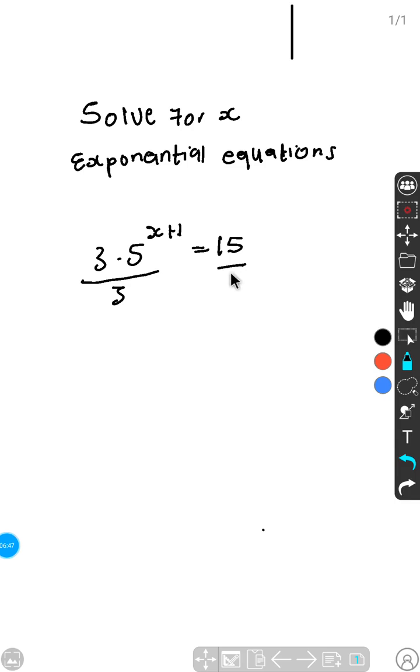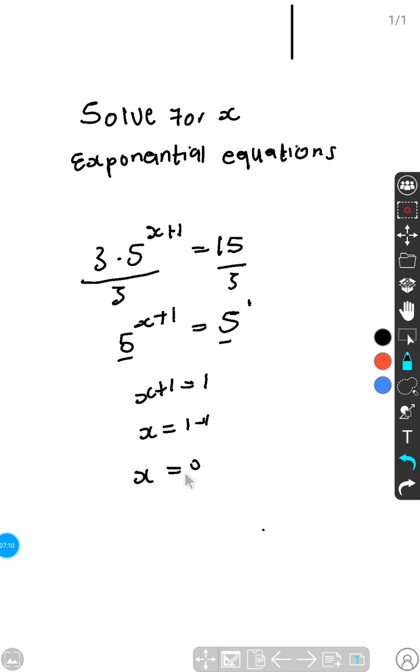We can divide both sides by 3, 5 to the power x plus 1 is equal to 5. So now we have the same bases. We can equate the exponents. X plus 1 is equal to 1. And you take the 1 to that side of the equation, 1 minus 1, which is going to be equal to 0.